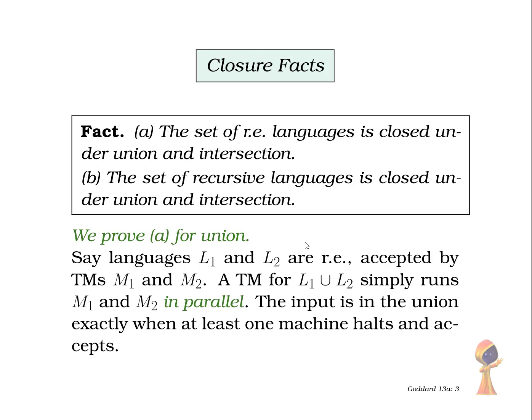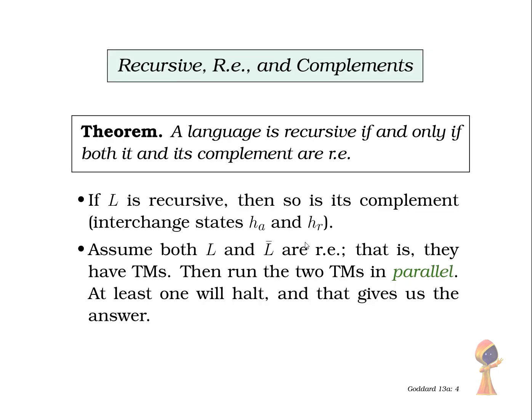There's a theorem which says a language is recursive if and only if both itself and its complement are RE. So what does that mean? Let's suppose we have a language L, and L is recursive. In other words, the Turing machine for it halts on every possible input.